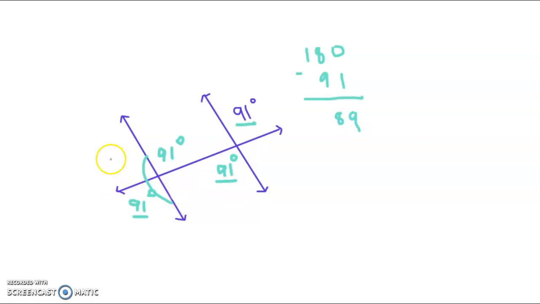So now that we know that this is 89 degrees, we can say that the alternate exterior angle of 89 would be over here. And the corresponding angle to 89 degrees over here would be over here. So again, this would be 89 degrees. And we could say the alternate interior angle of 89 degrees over here would be over here.